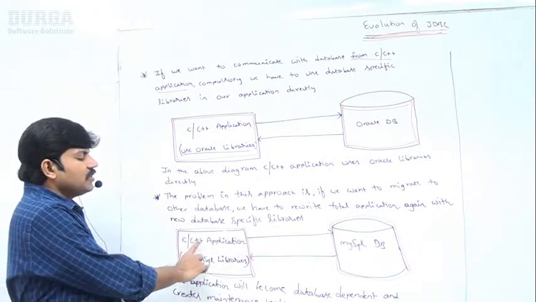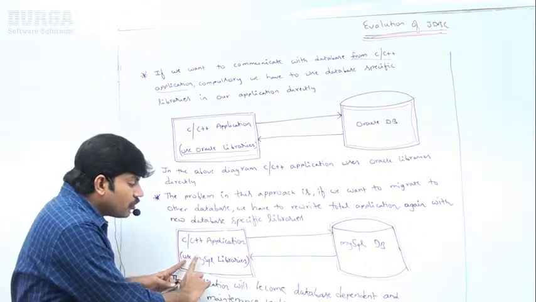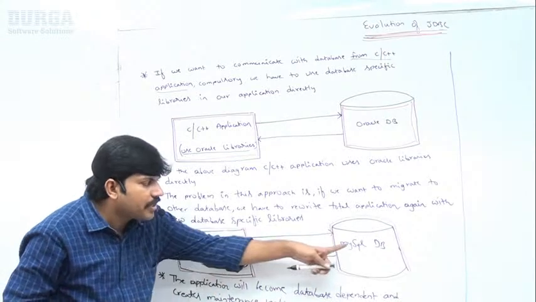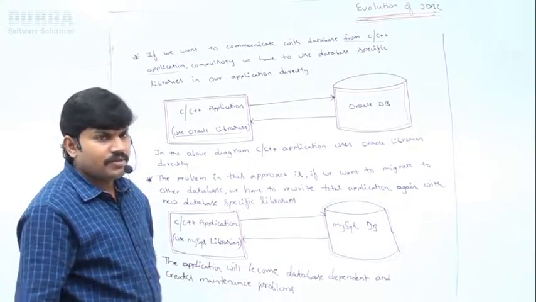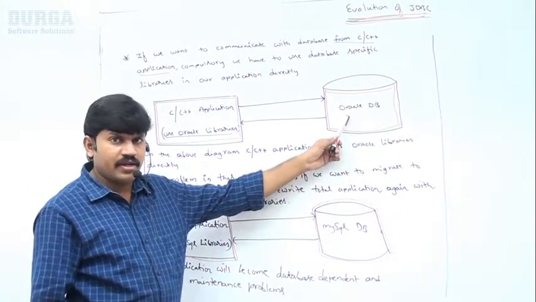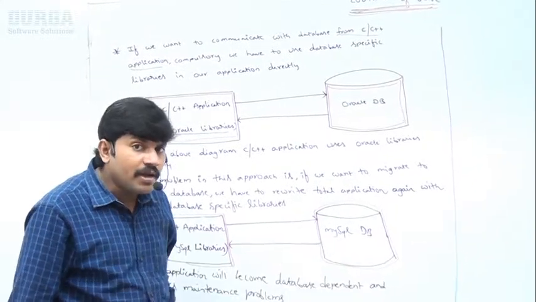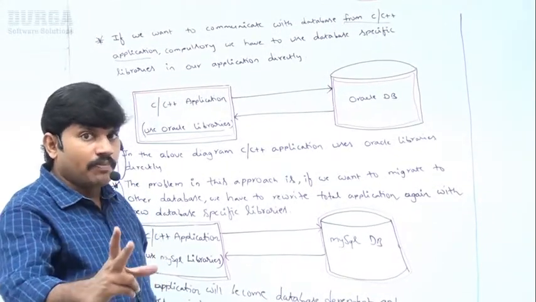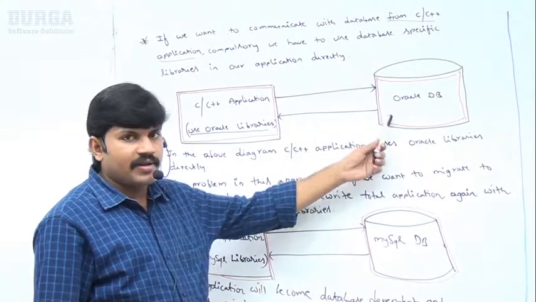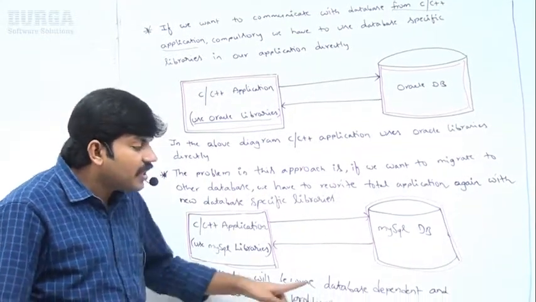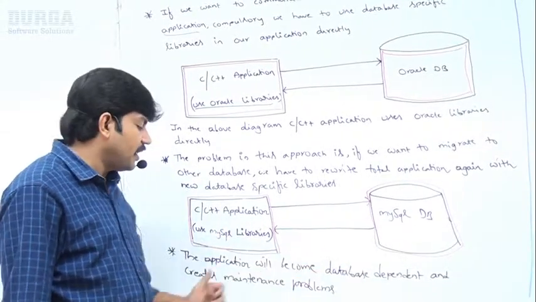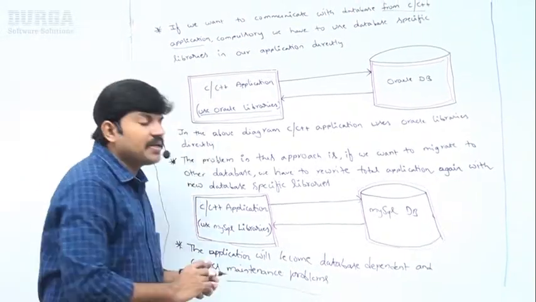Simple example: a C or C++ application uses MySQL libraries to communicate with the MySQL database. Here, how many databases are available? Two, Oracle and MySQL. How many applications do we need to maintain? Two, one for Oracle and another for MySQL. So the application becomes database dependent and creates maintenance problems.